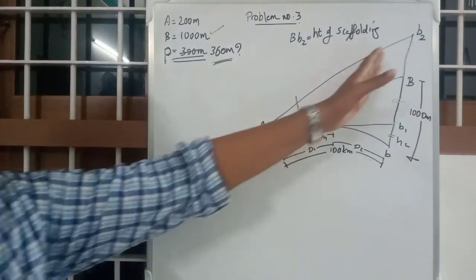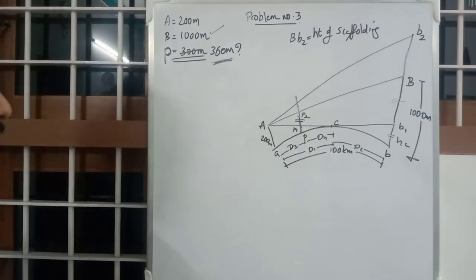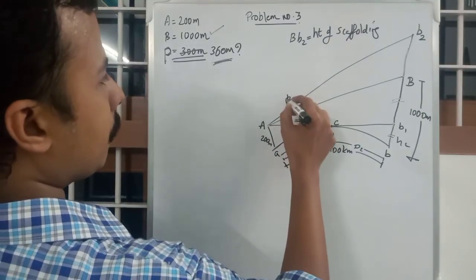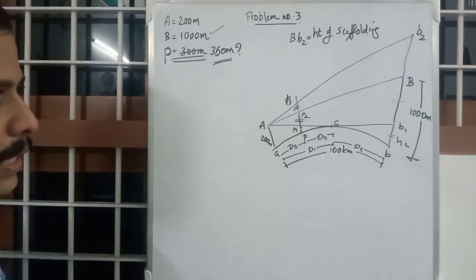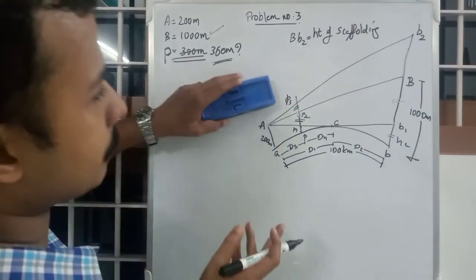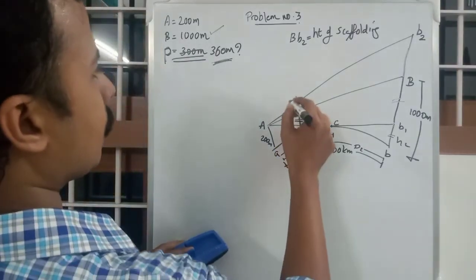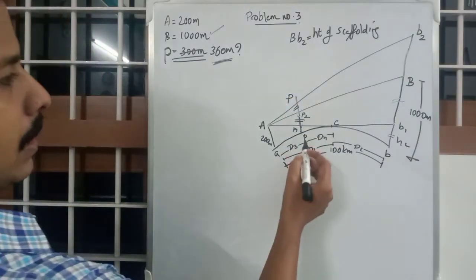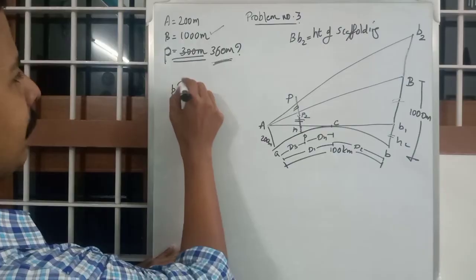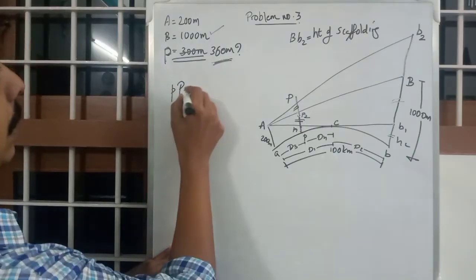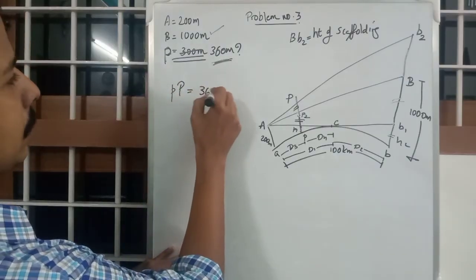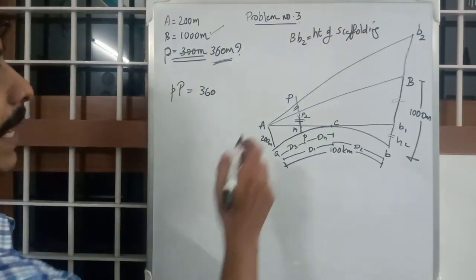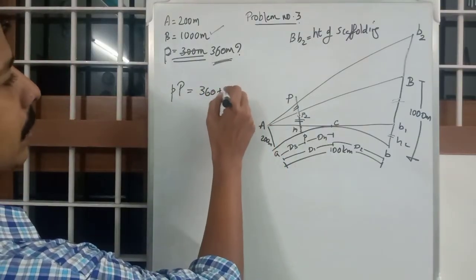Okay, so you have to calculate BB2. Name the peak point P3 or capital P. What will be small p, capital P? That will be 360 meters as given in the question, and also you are adding a 2 meter clearance.